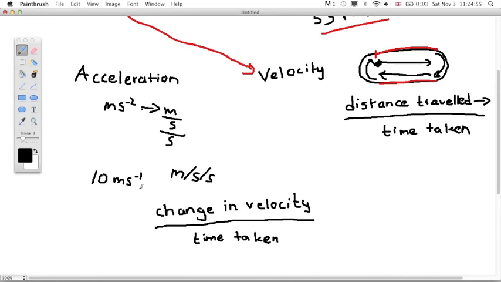It takes 1 second to go from the first speed to the new speed, which is 10 meters per second more.